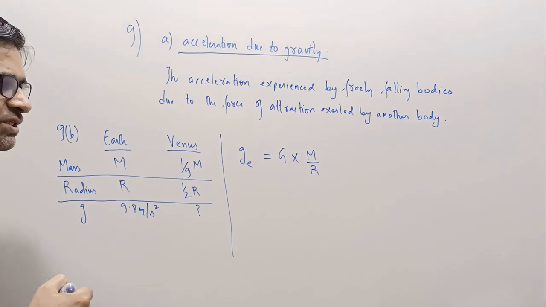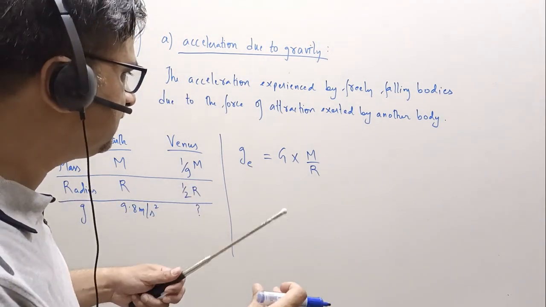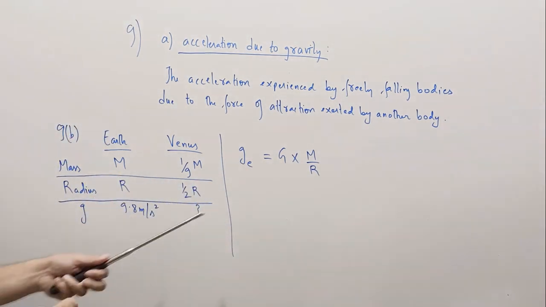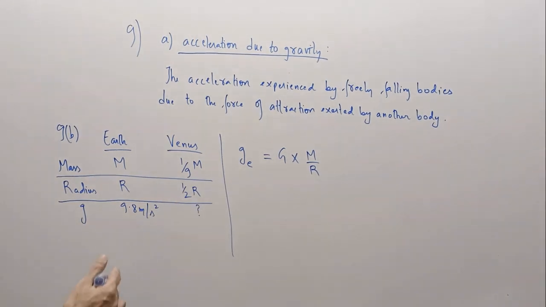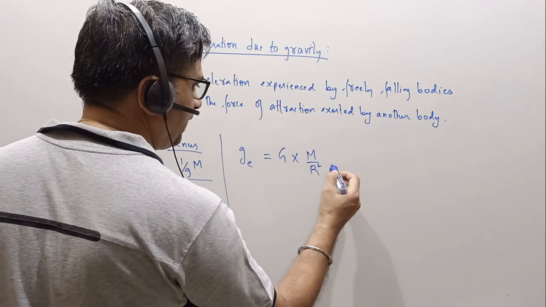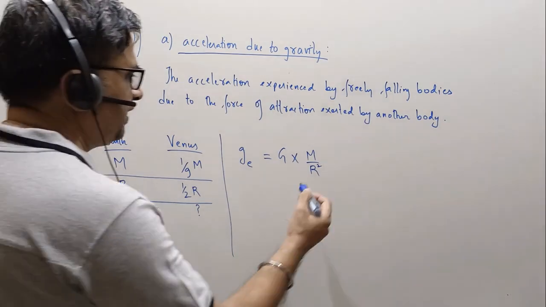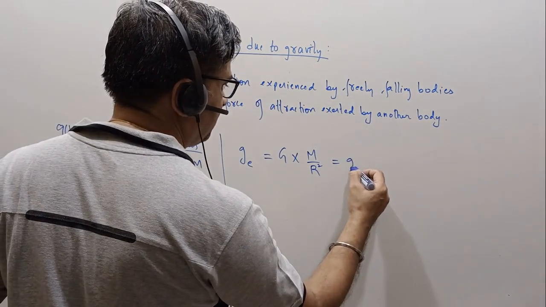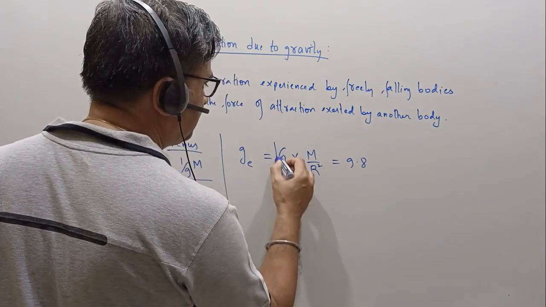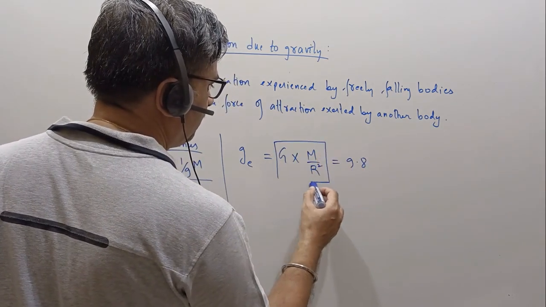We know M is the mass of Earth, which we have taken as M, and r is the radius of the Earth, which is r. This is the formula by which we get the acceleration due to gravity, and it's given that this value is 9.8. Wonderful. Let's call this value equal to p.